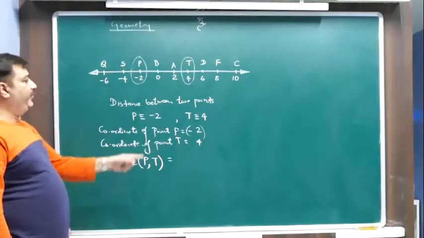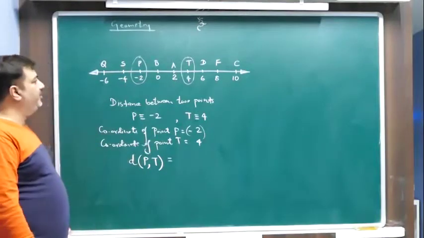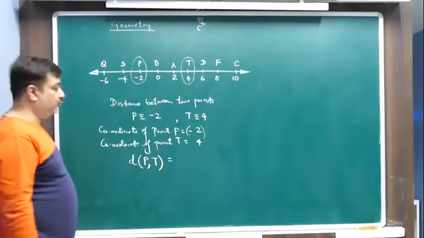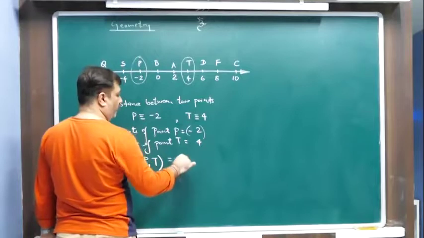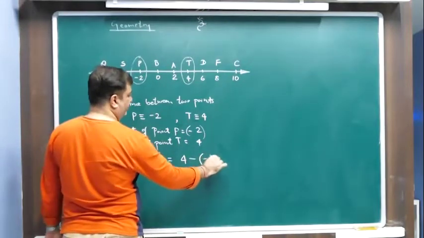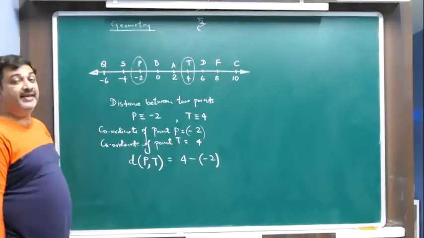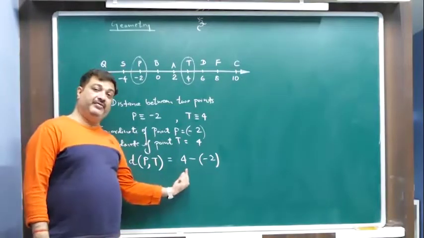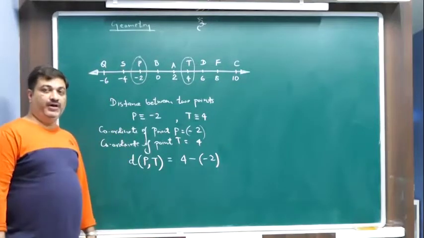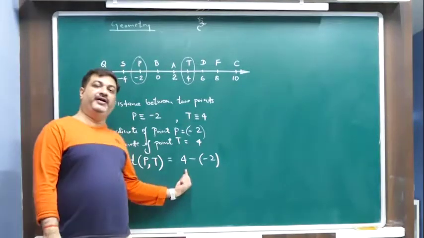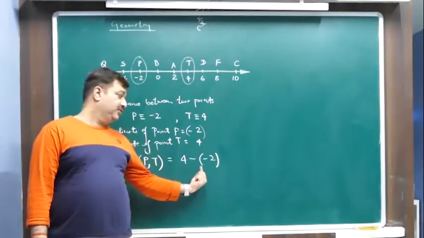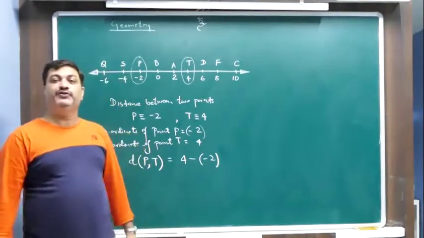So now between P and T, where is P? Here. Where is T? Here. Who will be greater? Obviously T. So what did I say? Greater coordinate minus smaller coordinate. The greater coordinate out of these two is 4. So 4 minus smaller coordinate, which is minus 2.